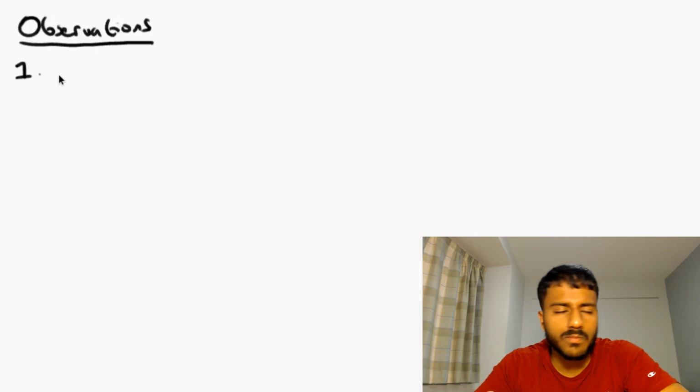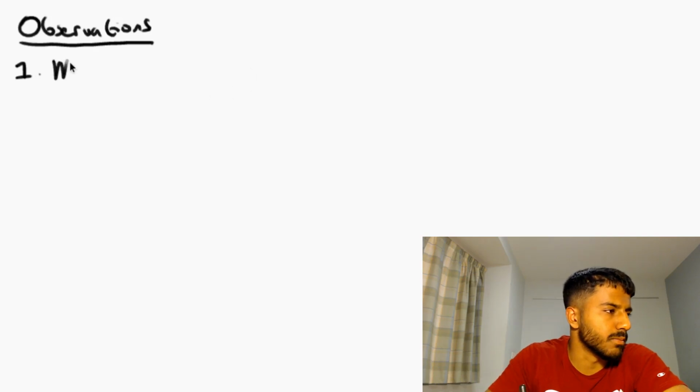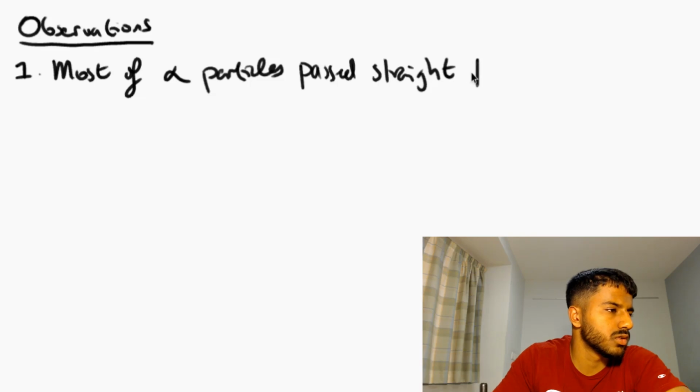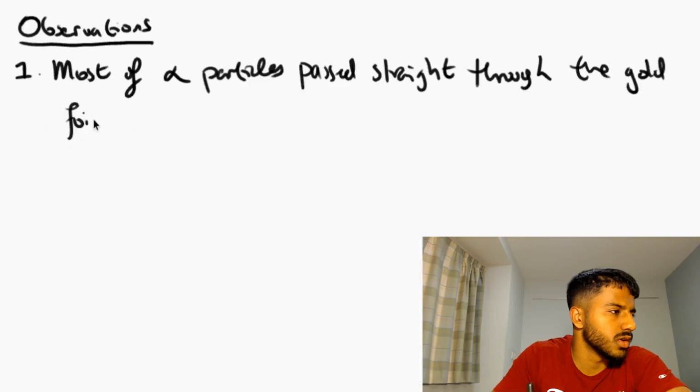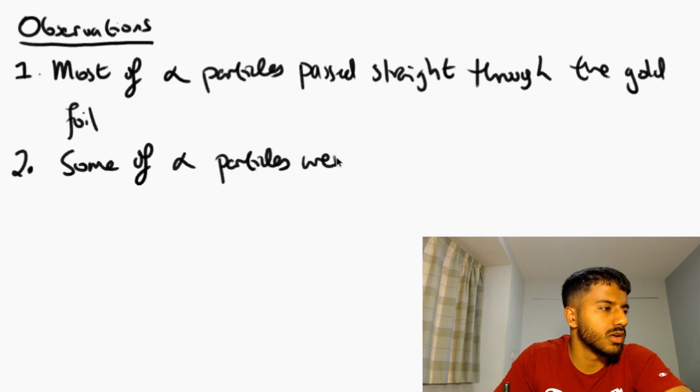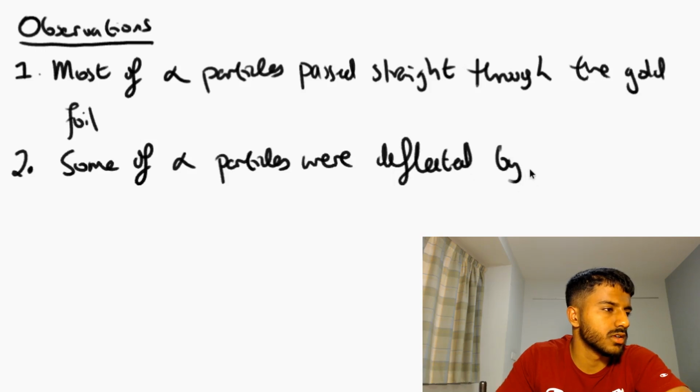So to recap on that, his first observation was that most of the alpha particles passed straight through the gold foil. He then observed that some of these alpha particles were deflected by small angles.